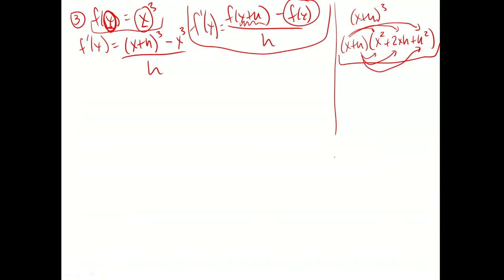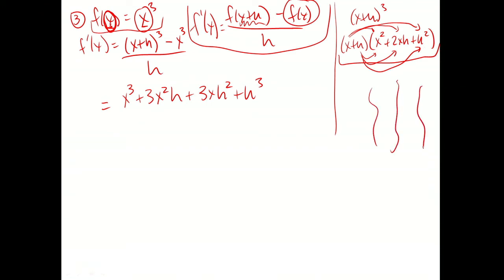But I promise if you did all that, let me spare us the 10 minutes of me doing it, you'd end up with the following. If you cube this, you'd end up with x cubed plus 3x squared h plus 3x h squared plus h cubed. Do it out the long way and I promise you'll get what I just wrote down.